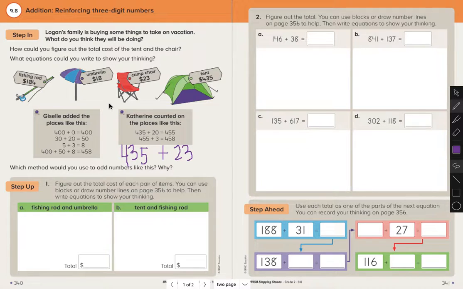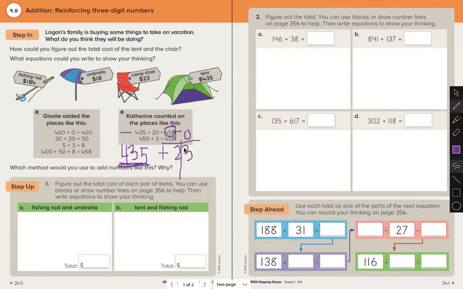Are you ready? So what Catherine did is she started with her bigger number, which is 435, and then she broke this second number up into tens and ones and added them separately. So she has 435 plus 20 is 455, right?